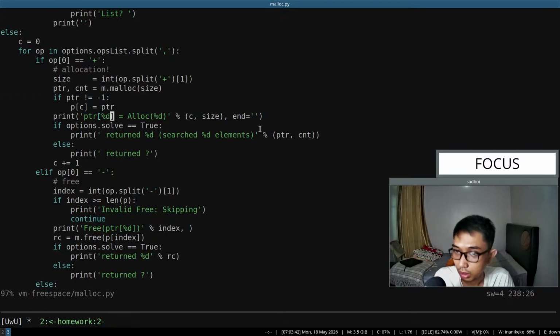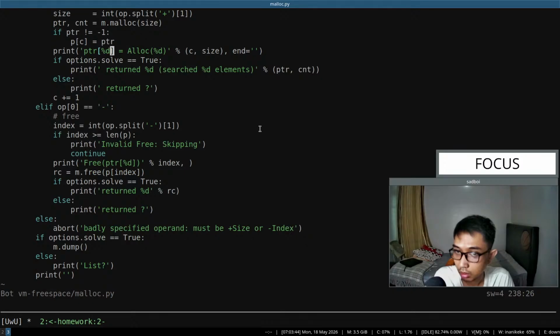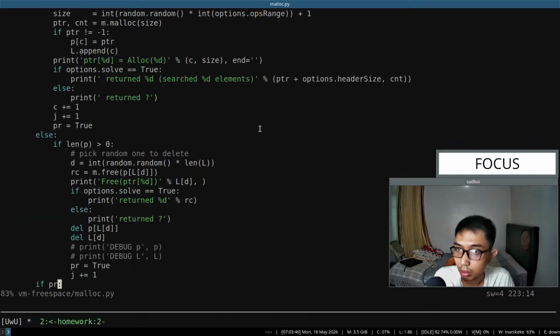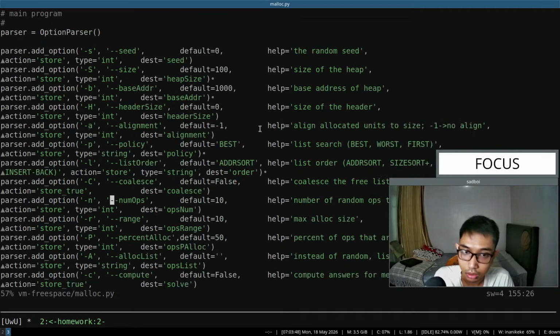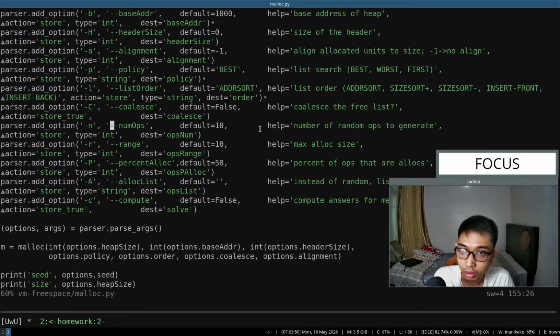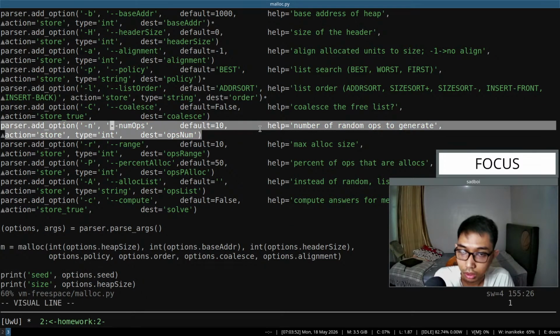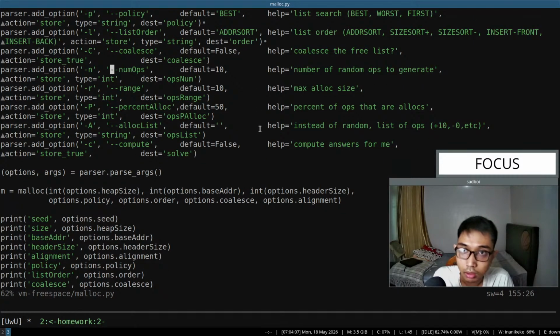Does op in here mean operation, I guess. So we decide how many operations we have, like allocation or the free memory operation, maybe something like that.